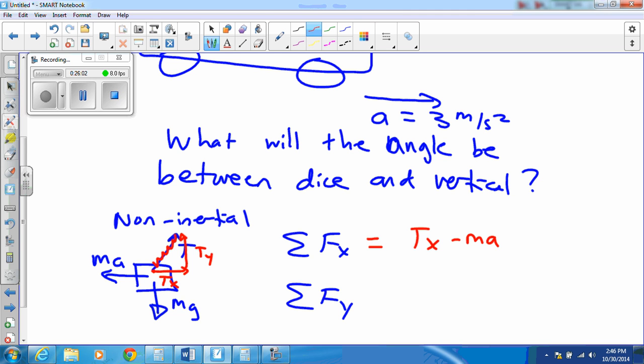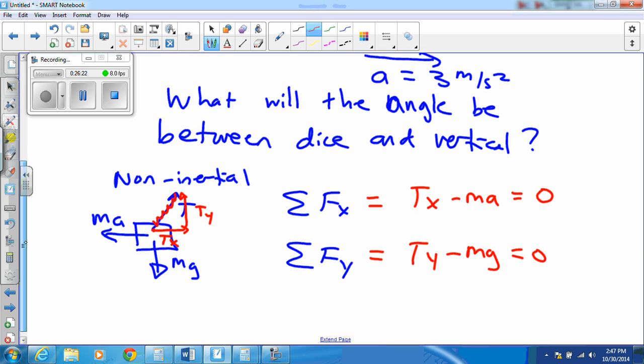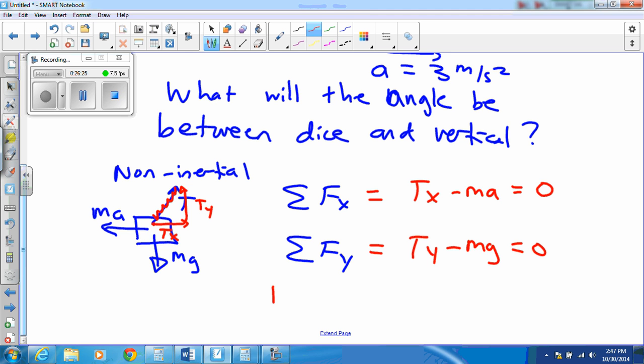The sum of forces in the x direction is Tx minus ma, which must be 0. The sum of forces in the y direction is Ty minus mg, which must also be 0. That gives a really easy solution: Tx equals ma, or 3 times m, and Ty equals mg, or 10 times m.